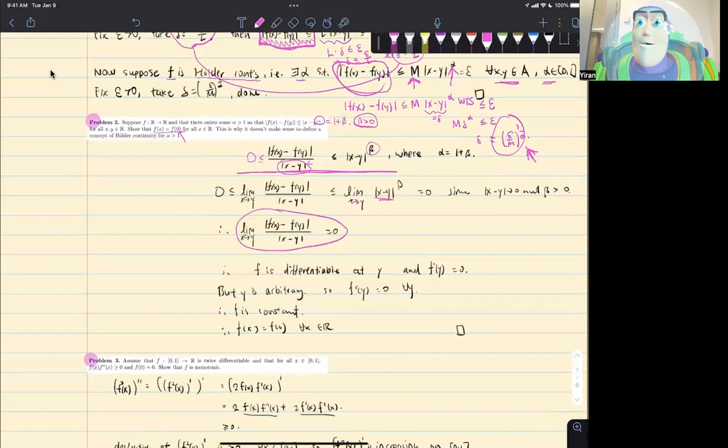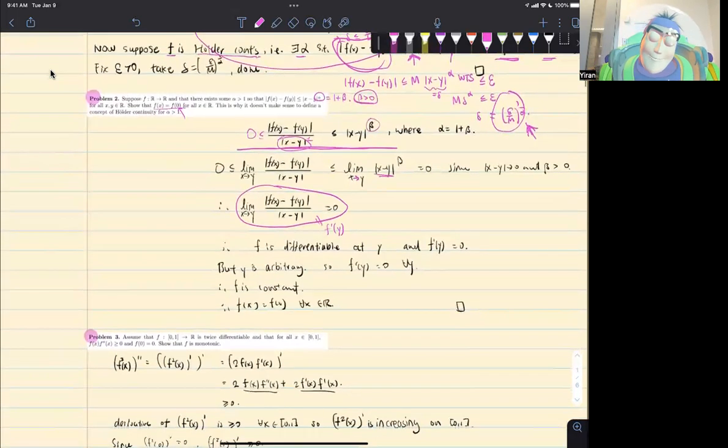And what does it mean to say that this is equal to 0? Well, you recall the definition for derivative, right? That is just the definition for f prime of y. Therefore, at point y, the derivative of f is equal to 0.